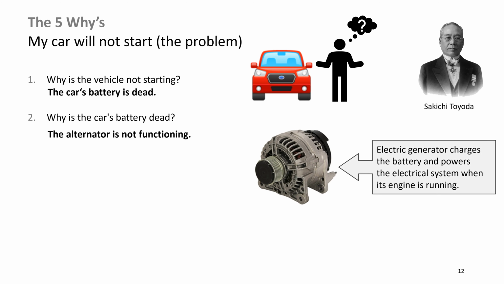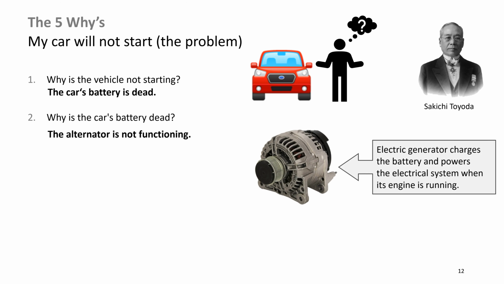Why is the alternator not working? The alternator belt has broken. Why has the V-belt broken? The alternator belt was well beyond its useful service life and not replaced. Why was the V-belt never replaced? The vehicle was not maintained according to the recommended service schedule.